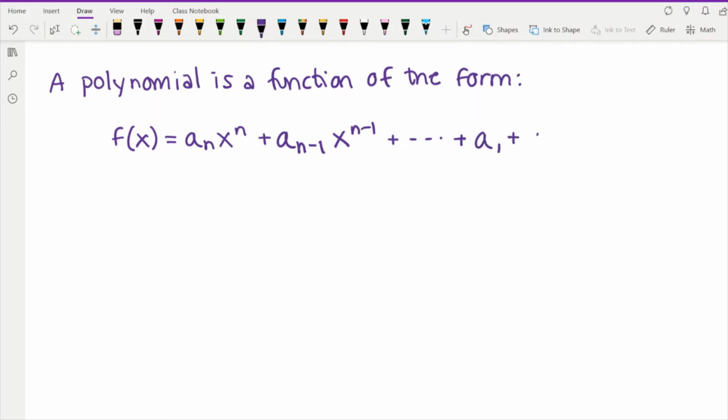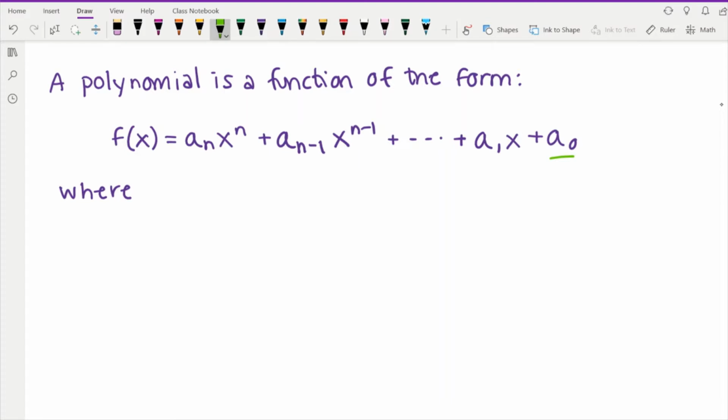Oops, I forgot an x. So in this expression, or in this function, these numbers here, an minus 1, a1, a0, those are just numbers.